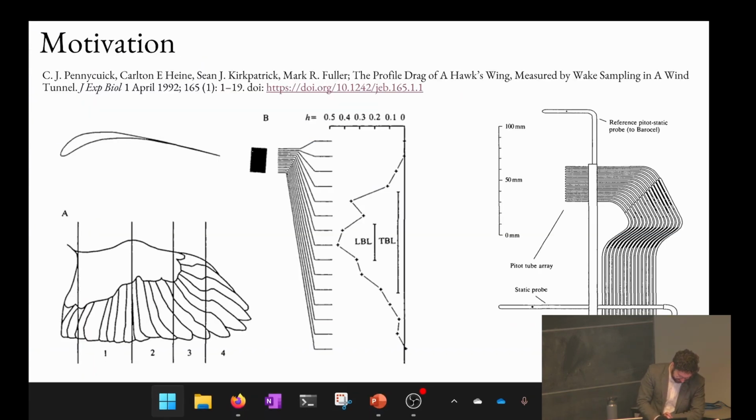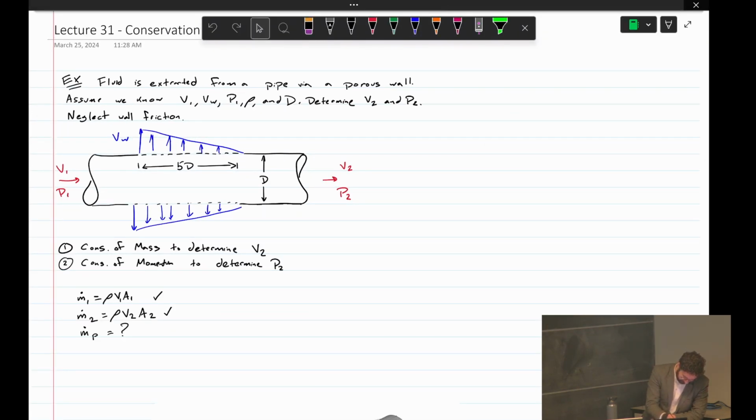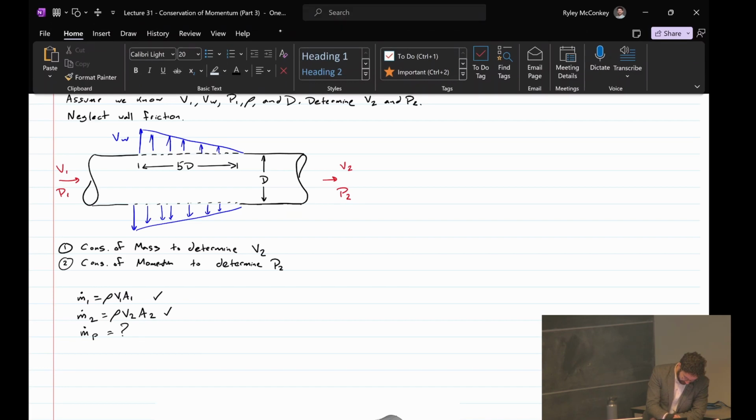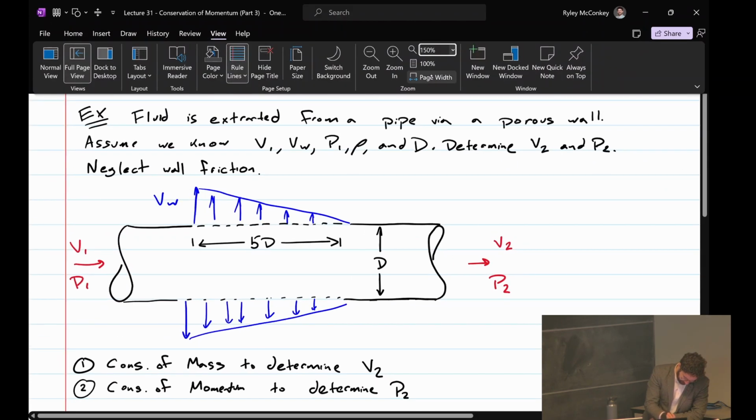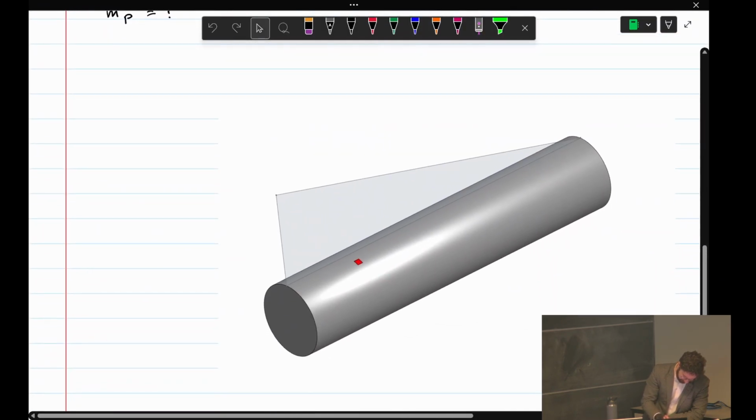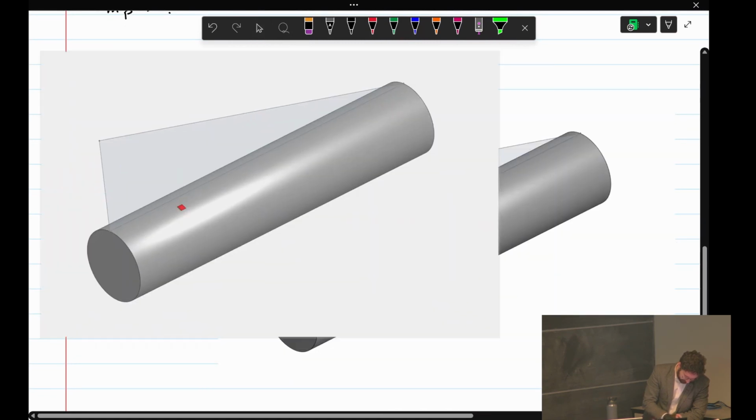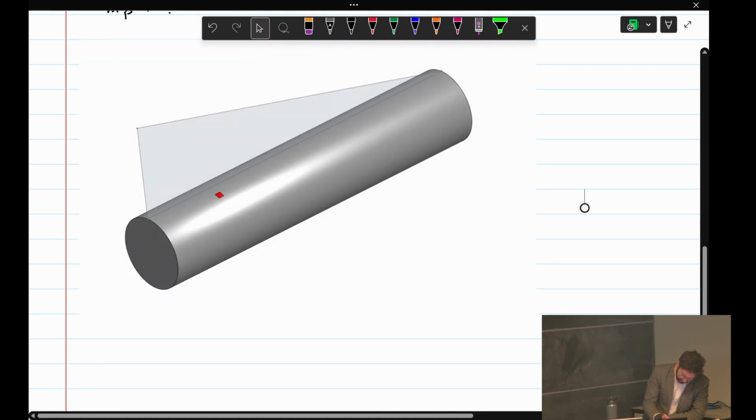Give me a second. I'm just going to restart my OneNote. Okay, that's looking much better.